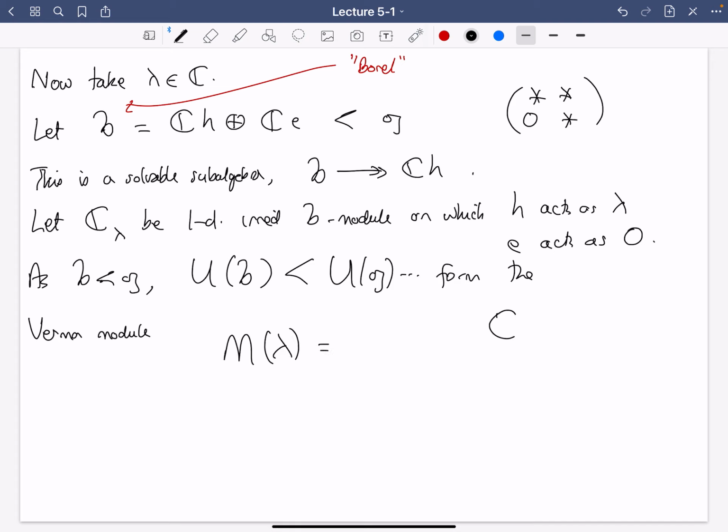And so this is taking this one-dimensional representation of the Borel, and it's inducing it to G. Inducing means tensoring up over U of B with U of G. So this is the Verma module. So that's a G module now.